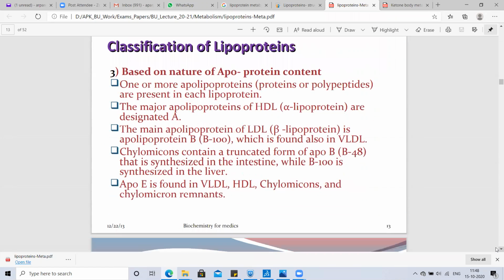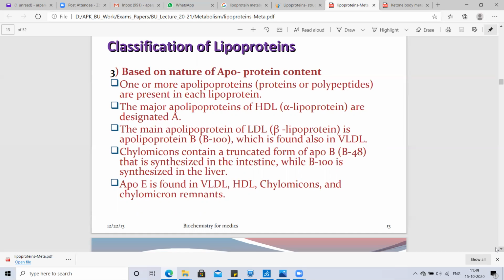We can also classify these lipoproteins on the basis of apoprotein content. One or more apoproteins or polypeptides are present in each lipoprotein. The major apolipoprotein of HDL is alpha lipoprotein, designated as apolipoprotein A. The main apolipoprotein of LDL is beta lipoprotein, designated as apolipoprotein B, that is B100, which is also found in VLDL.